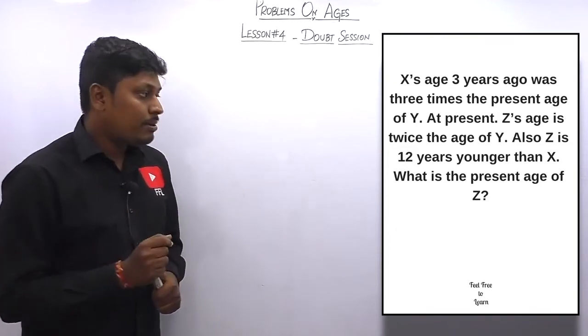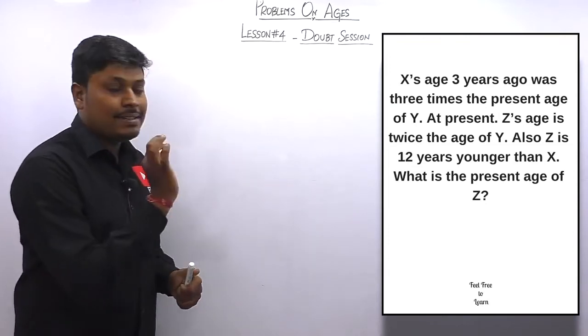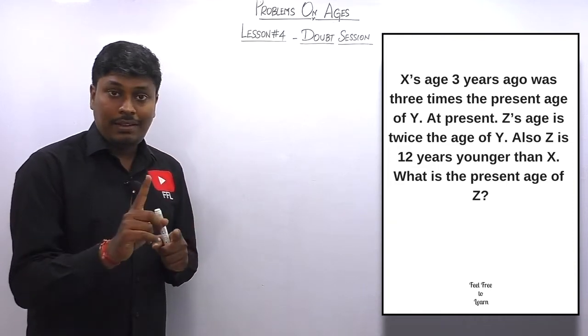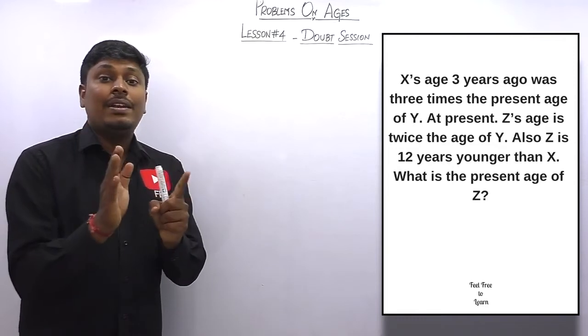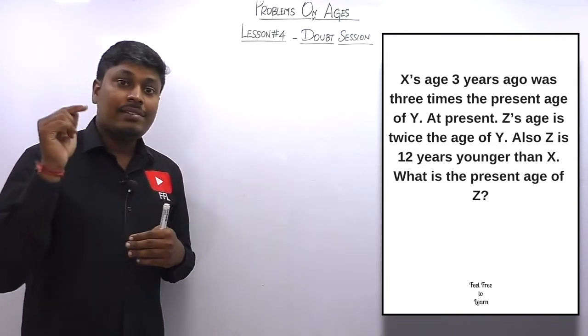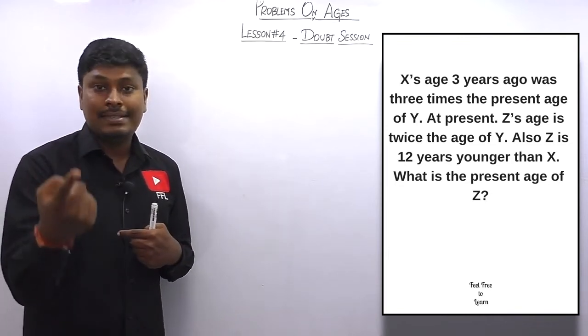And another important point given is that Z is 12 years younger than X. So remember that in lesson number 3 I have told you one thing. If one person age is compared with other person, then we can call it a difference. For example, if my age is 20, your age is 24, then we can say my age is 4 years less than yours.